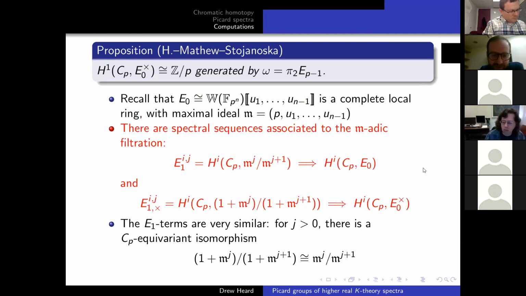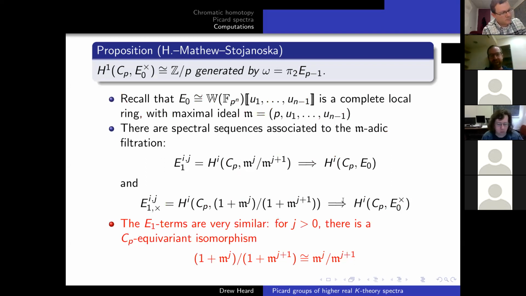And the point is that the E1 terms are very similar. So for j greater than or equal to 0, there's a CP-equivariant isomorphism between the coefficients that we use here. And this basically means that if you understand this spectral sequence, then you can get the E1 term here essentially by just deleting one row.